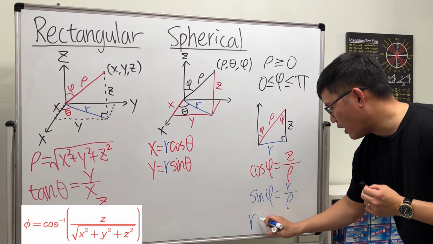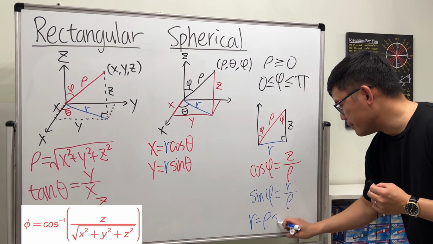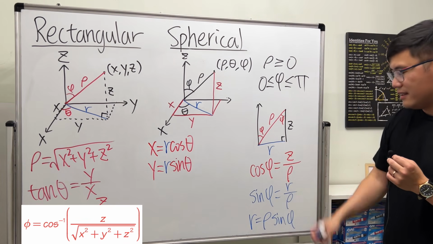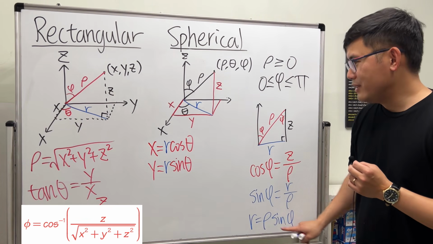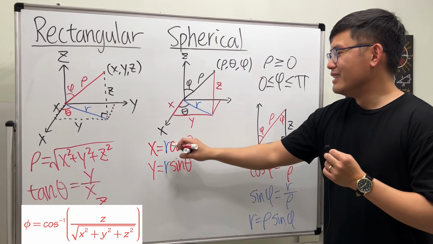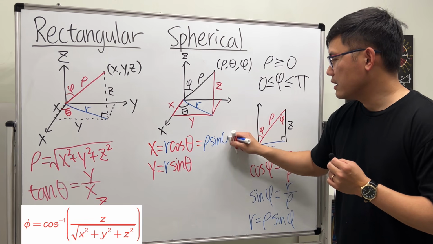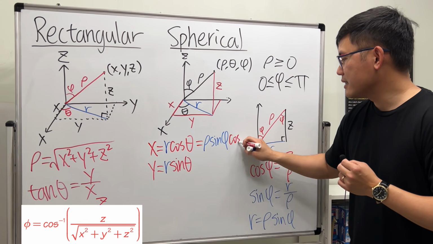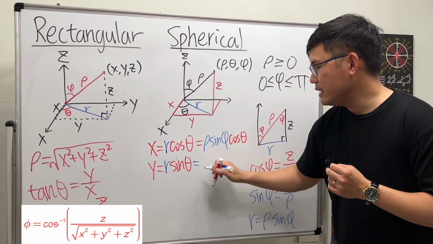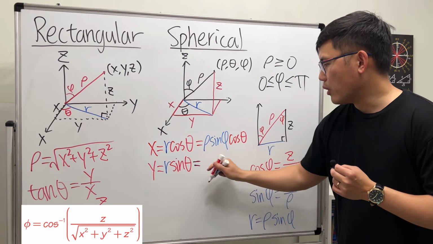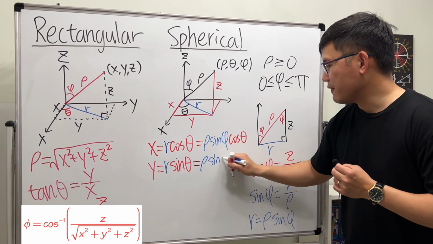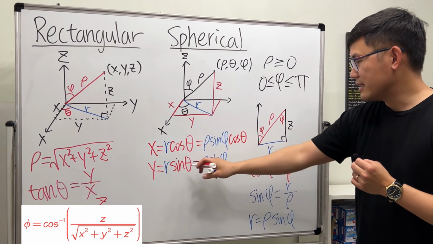So we can say r equals rho times sine phi. Then of course we can just put this to here and here. So x equals rho times sine phi times cosine theta, and then y equals rho times sine phi times sine theta.